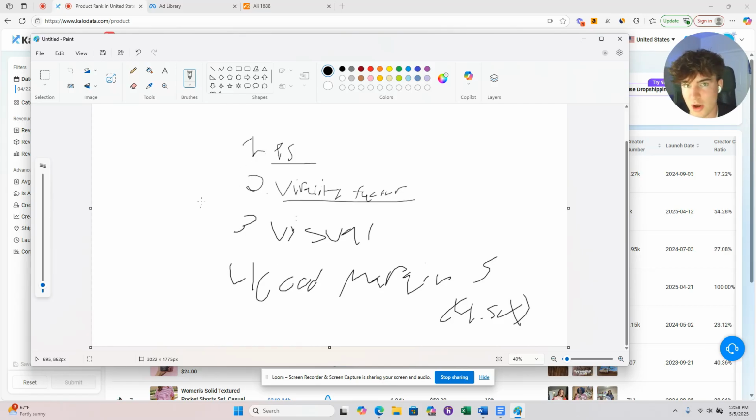So we want a good break-even ROAS. What you want to shoot for is anything from 1.2 to 1.4. This gives you a lot of room for your profit margins, because if you're breaking even at 1.2 or 1.4, you're able to spend a lot more money and still be profitable. But these are the four main criteria I look for when looking for a winning product.